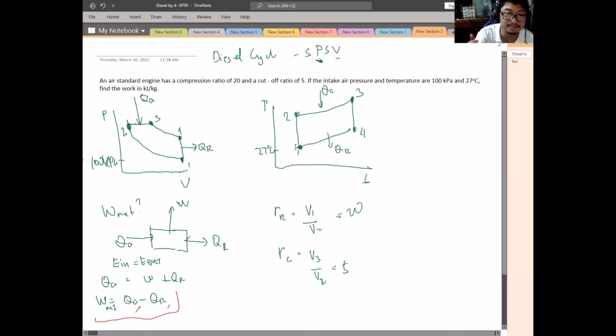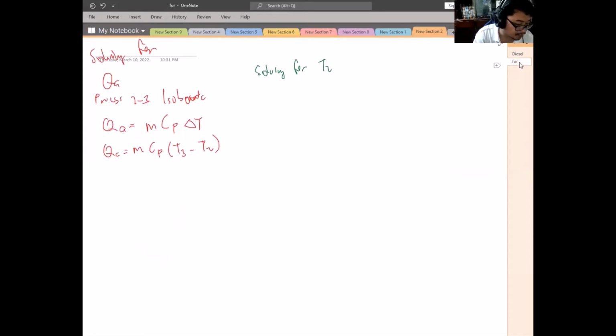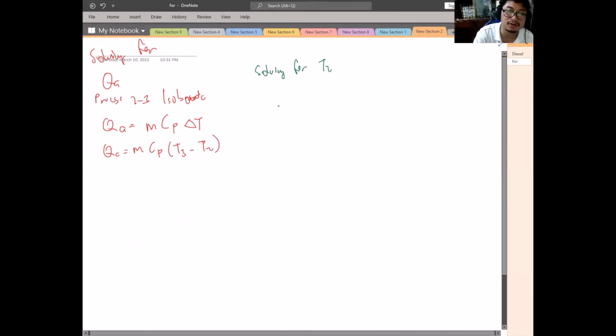We cannot use the pressure relationship because no pressure is given at points 1 and 2, but V1 and V2 are given. So we get T2 using the relationship of temperature and volume in an isentropic process: T2 over T1 equals (V1 over V2) to the k minus 1.